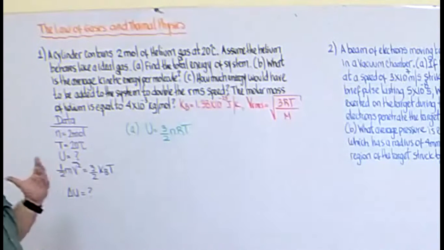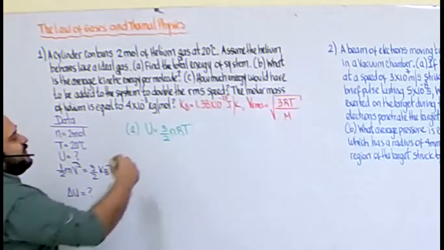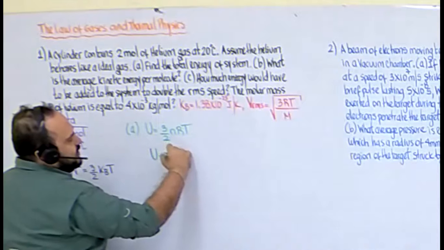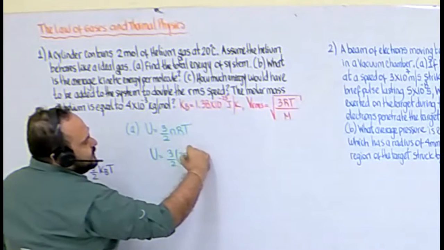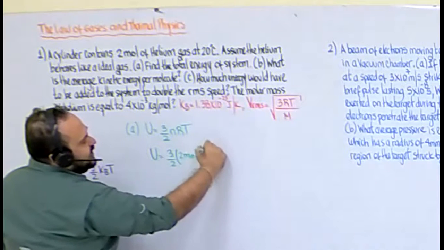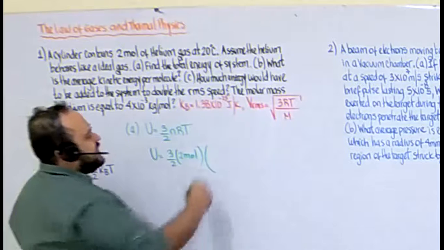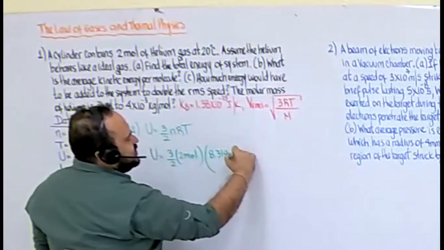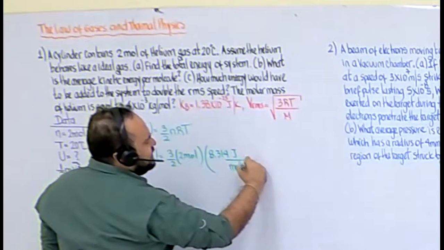So what we're going to do is replace those values. For example, the letter n represents the quantity of moles that we have in this problem. We have 2 moles. The capital R value is the ideal gas constant, which will be 8.314 joules per mole Kelvin.